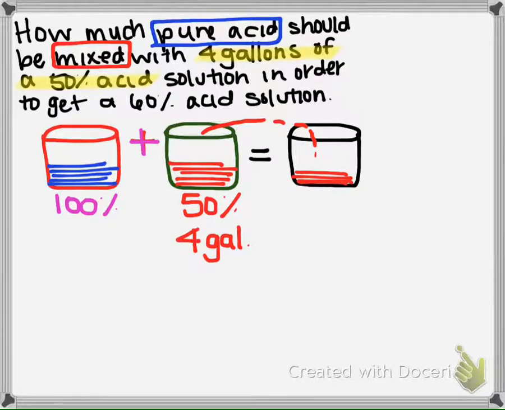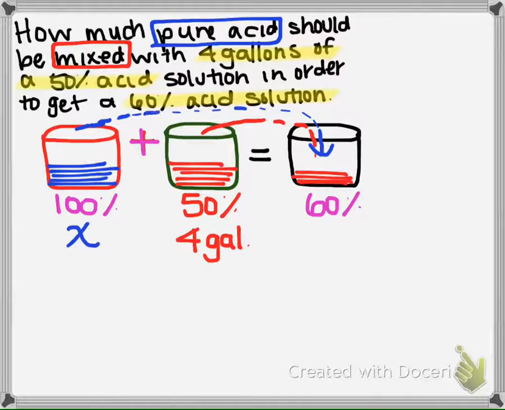And we want it to form a 60% acid solution. So that's what we have given to us right now. We have no idea how much of this we're going to pour in here, so we're going to have that be x.